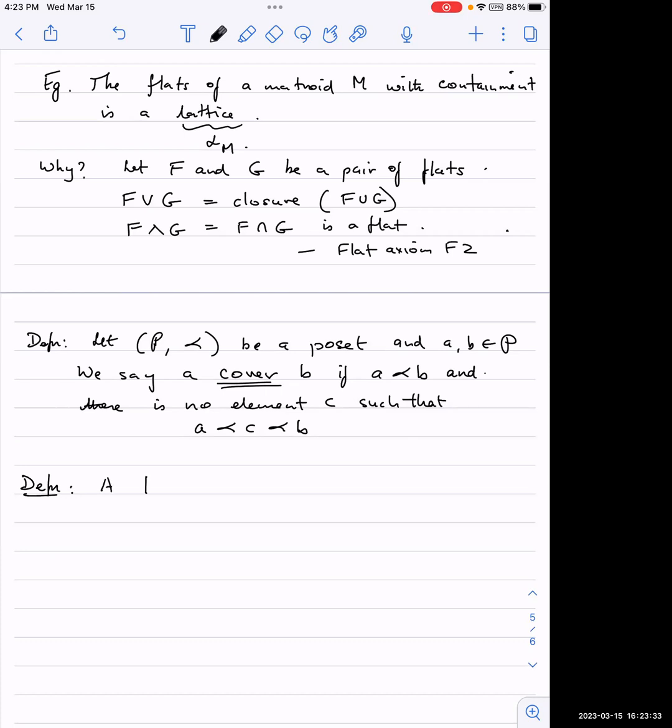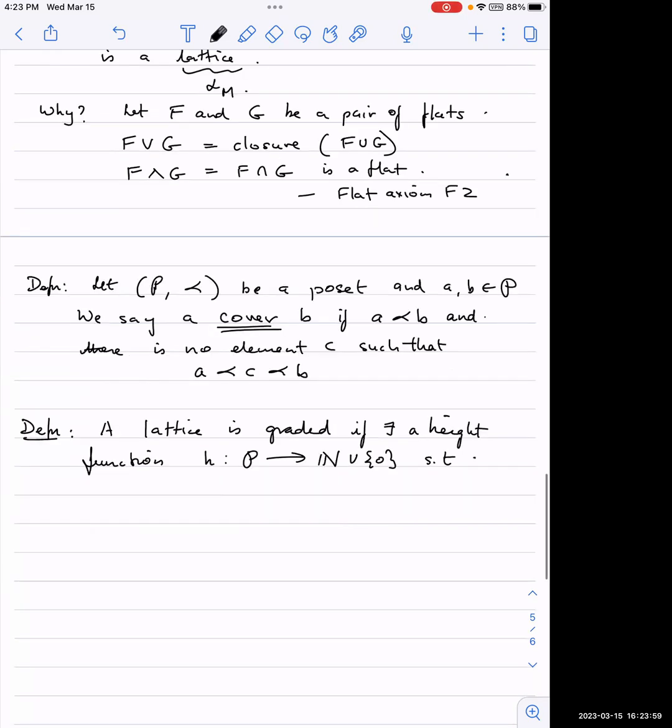A lattice is graded if there exists a height function h from L to the natural numbers, I suppose union 0, because the first one is 0, such that the least element has height 0.